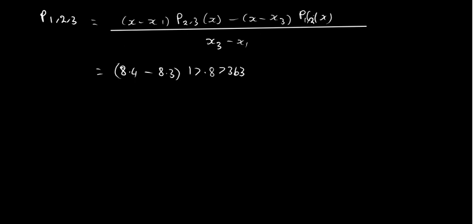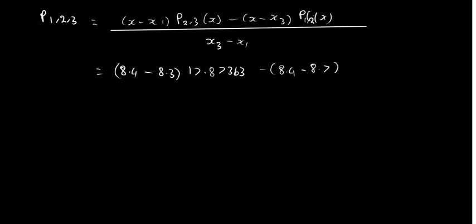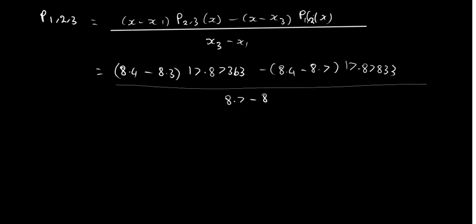Then minus, so what is our 8.4 minus x3, which is 8.7, right? And then p12 is going to be 17.87833, and then the denominator at the bottom there is going to be 8.7 minus 8.3. Punch that on our calculator, just to be sure.